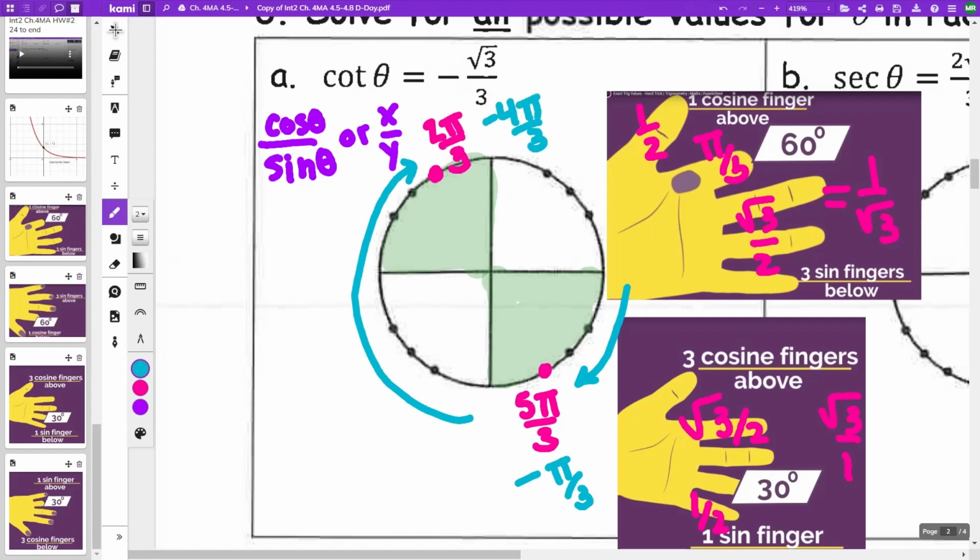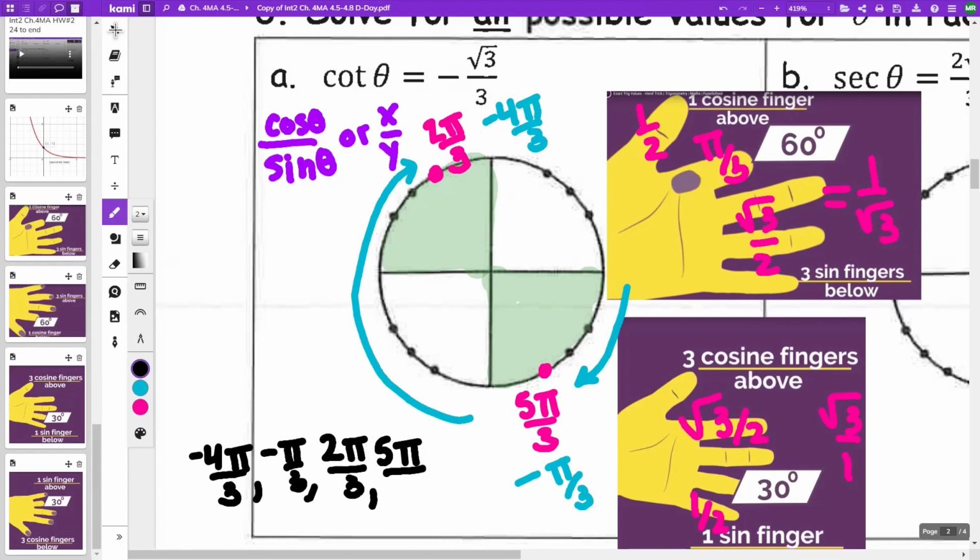So those are going to be my 4 answers: a negative 4 pi thirds, a negative pi thirds, a 2 pi thirds, and a 5 pi thirds. Those are my answers.